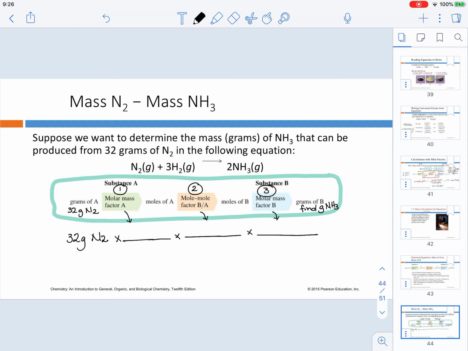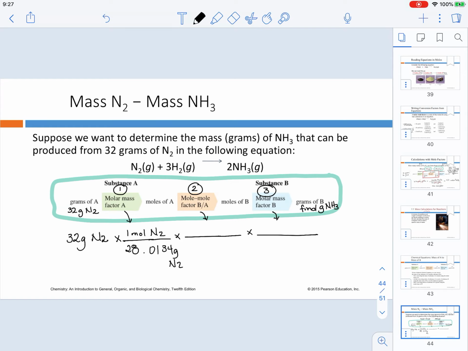The first conversion will be converting those grams given of a particular substance to the moles of the substance. Because we're working with N2, all we're doing is taking the mass of nitrogen, 14.0067, and multiplying it times 2. That gives us a mass of 28.0134 grams of N2 in 1 mole of N2.